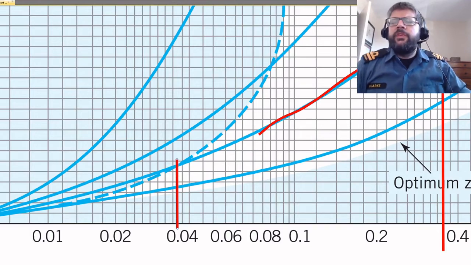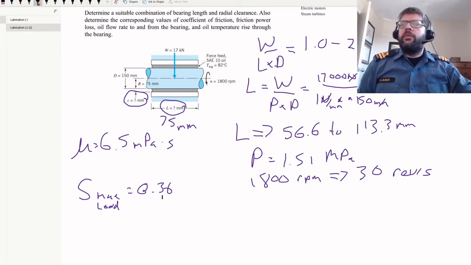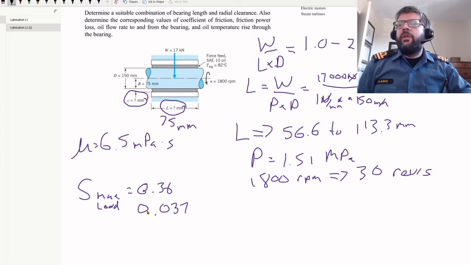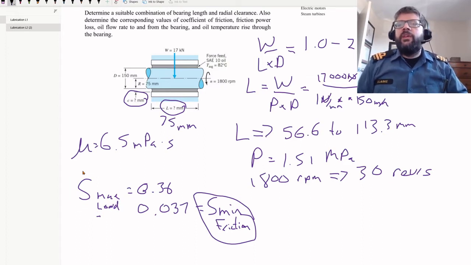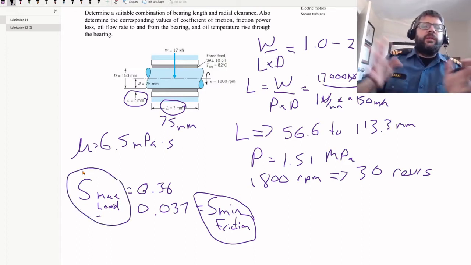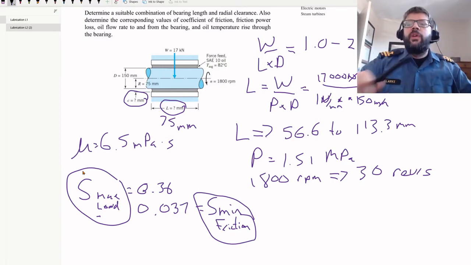Let's go with 0.037. That's the S for min friction. Now we probably want to be targeting closer to this one than this one, but that's the optimal range. We don't want to go beyond those.